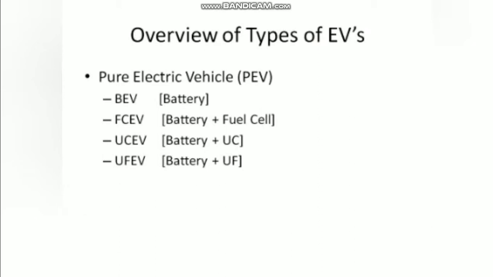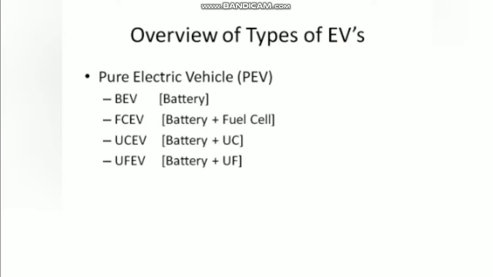In a fuel cell electric vehicle, the battery is primarily used for absorbing the regenerative power, since the fuel cell is incapable of storing the regenerative energy, while in ultra capacitor and ultra flywheel based EVs, batteries are required for storing energy, since ultra capacitors and ultra flywheels have very low specific energy.